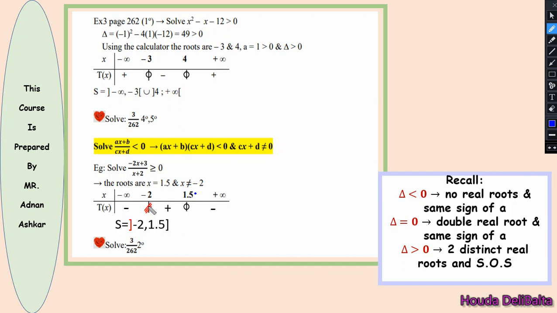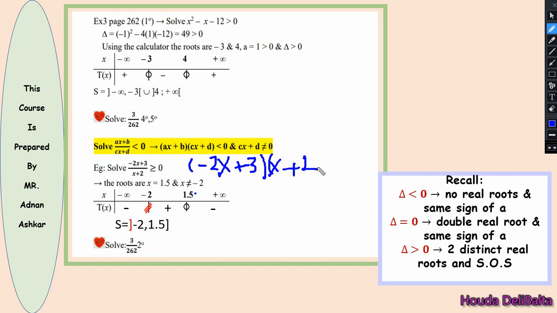That's to remind us that the denominator should never be 0. Now, how can I put these signs? How do I know these signs? Let's see. When I have minus 2x plus 3 over x plus 2, it has the same rule as minus 2x plus 3 multiplied by x plus 2.